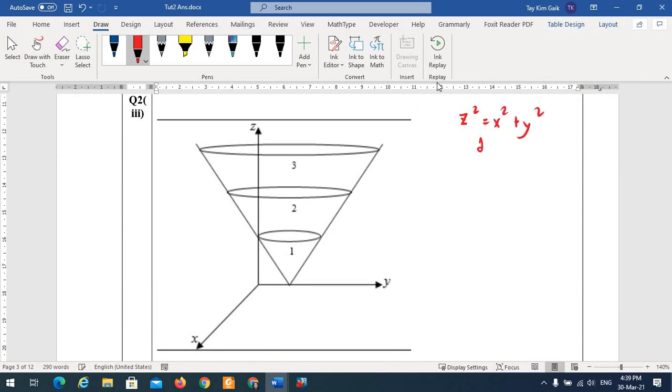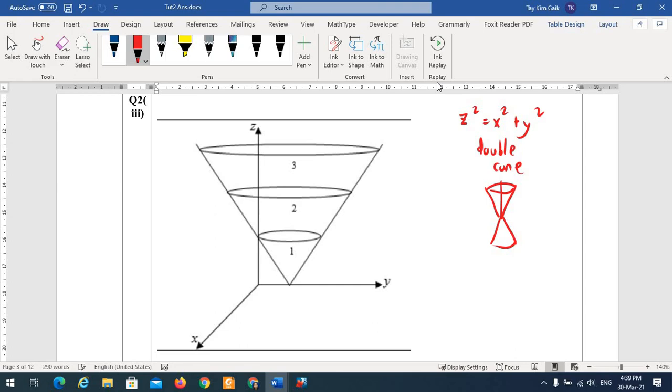This is a double cone, where the crossing point is at x0, y0, z0.